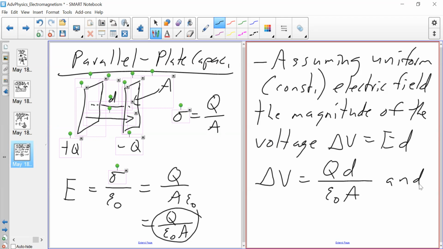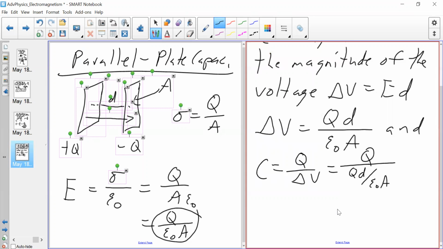And the capacitance then, Q over delta V, is going to be Q over all of this, QD over epsilon naught times A. And that just becomes epsilon naught A over D. So for two parallel plate capacitors of area A and distance D between them, epsilon naught is the free space between them, this constant of proportionality between the plates, called the permittivity of free space.